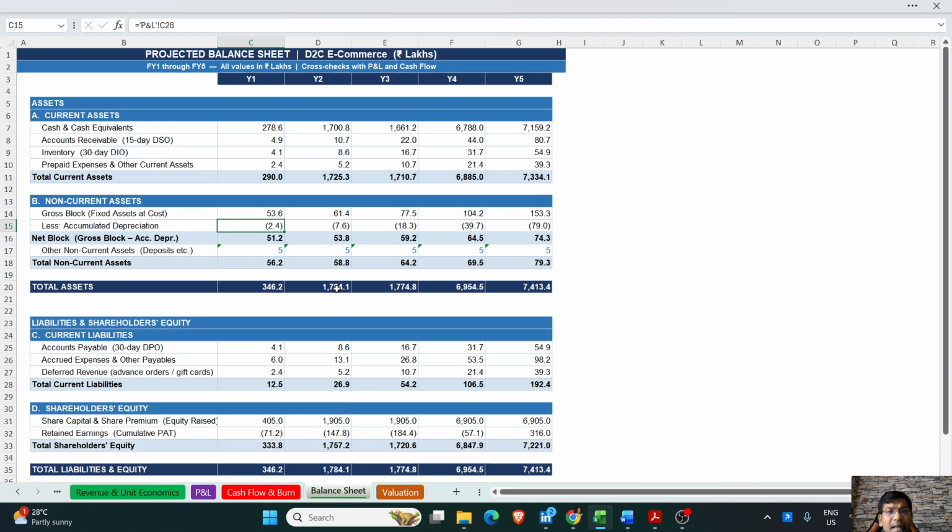Accordingly in the balance sheet, my accumulated depreciation goes down, and I have my net block, which is my gross block less accumulated depreciation in each of these years. And I have my total non-current assets, which are deposits, etc. In the starting also it was 5 lakhs, and we have assumed that it will remain the same. So my total non-current assets become 56.2.